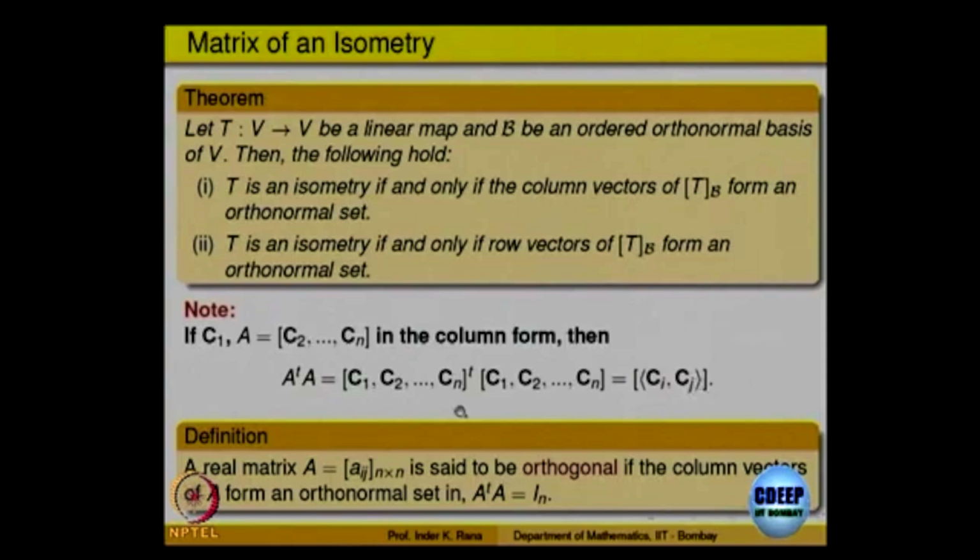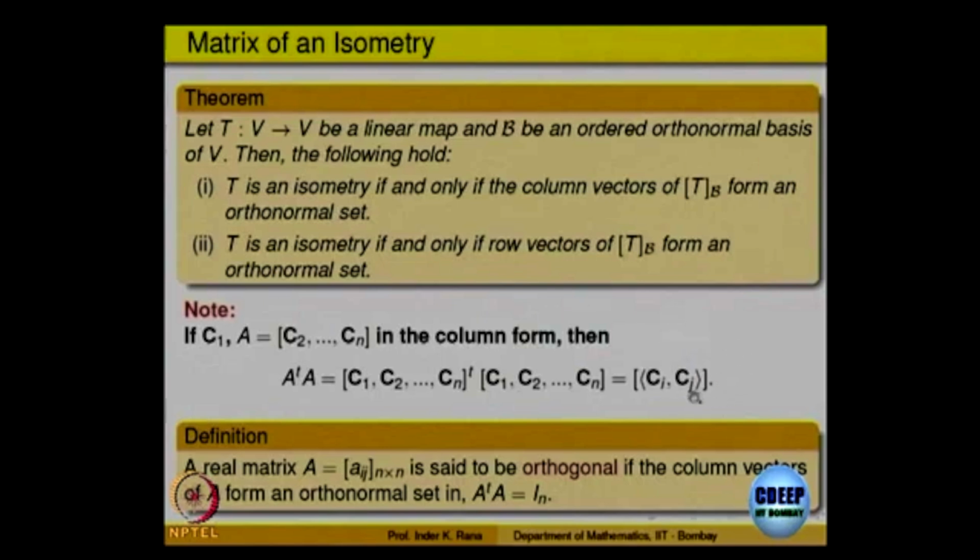So that says that if T is an isometry, and if you write its matrix with respect to an ordered orthonormal basis, then A transpose A is 0 if i is not equal to j, and 1 if i is equal to j. What is this matrix then?